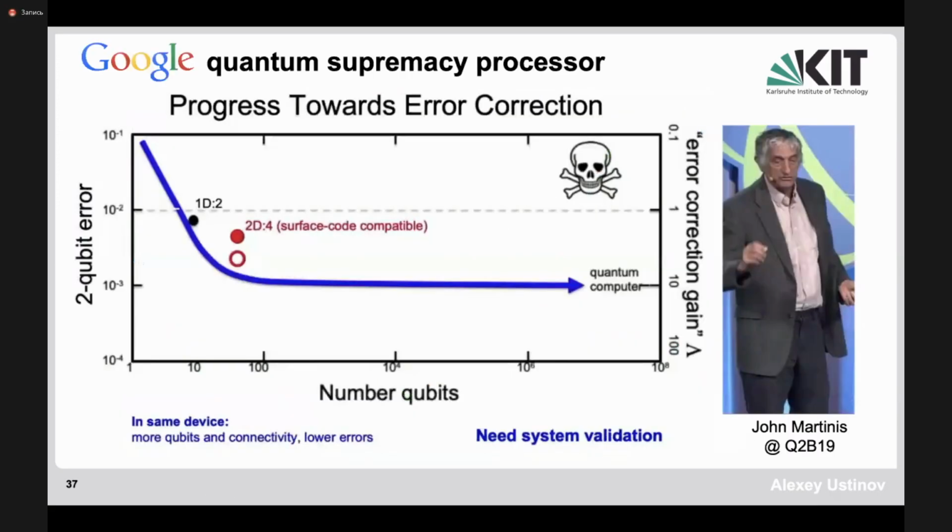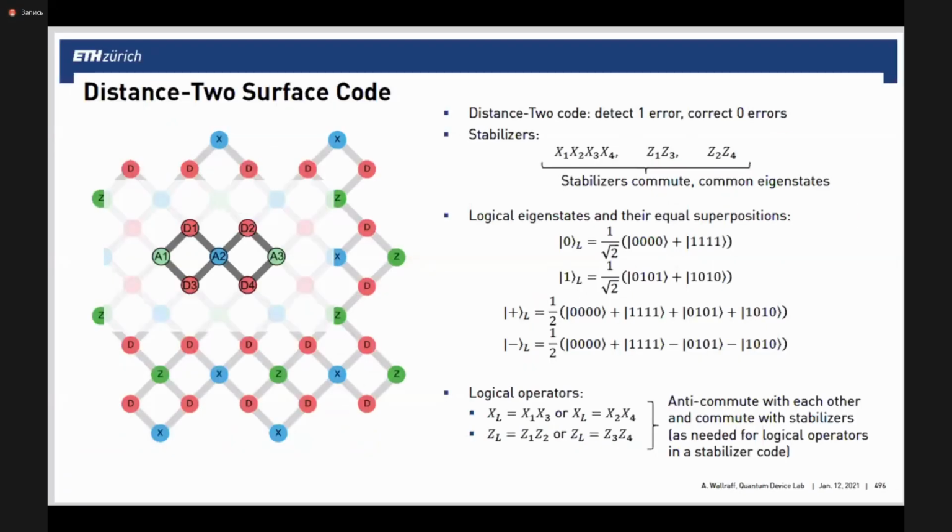Это дорога для error correction, то есть двухкубитные ошибки показаны пунктиром на уровне 10^-2. Это картинка из лекции Джона Мартиниса пару лет назад, где он показывал, какое количество кубитов необходимо для того, чтобы двигаться в сторону коррекции ошибок.